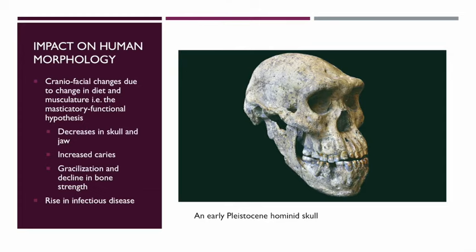So one of the things in human populations before the development of agriculture, we really don't see the evidence of cavities, dental caries. But this is something that we see after the development of agriculture. We begin to see what is called in biological anthropology the gracilization, the thinning and decline of bone strength in human beings, the beginnings of osteoporosis, and really just a decline in bone strength.